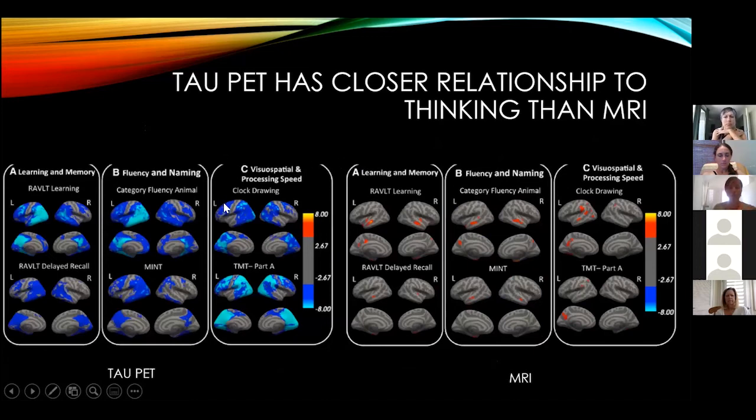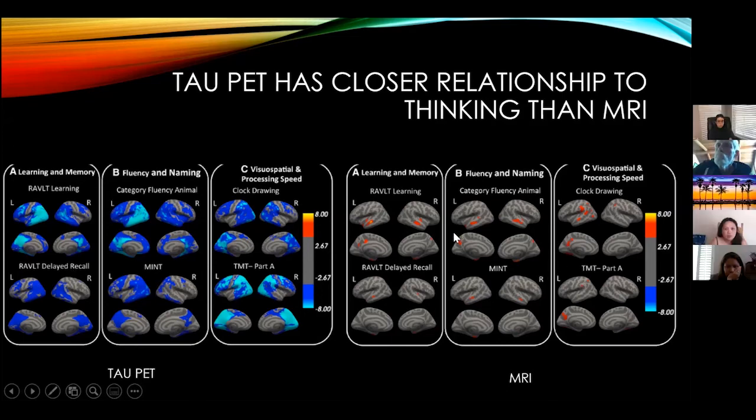This actually shows the relationship between tau PET and MRI. With the kind of MRI we get in ADNI, we can look at cortical thickness, so how atrophied or not atrophied the cortex is. What we did here is compare the tau PET, which is what you saw in the previous scan, in relation to these different cognitive scores, and here on the right the cortical thickness in comparison with those same scores.